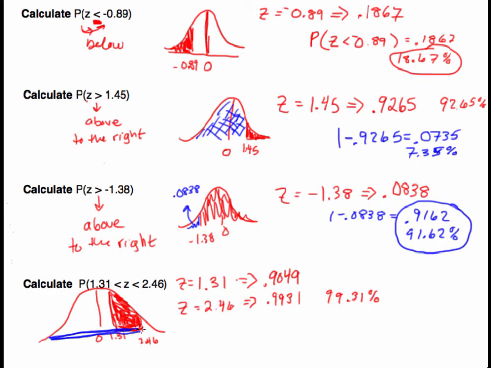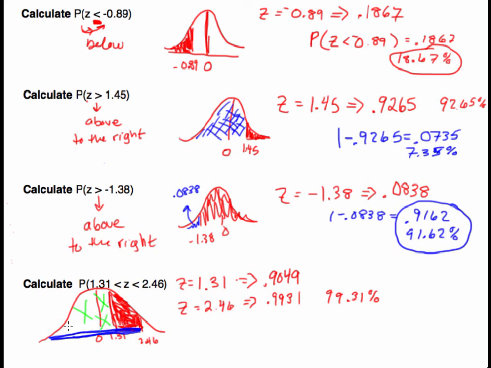So I know that 99.31% of all of the observations, of the area here, lies below 2.46. So that is this entire area. I don't want this entire area. All I want is what's between 1.31 and 2.46. I'm going to switch colors here, and I hope it's not going to confuse you, but this piece is what I want gone.